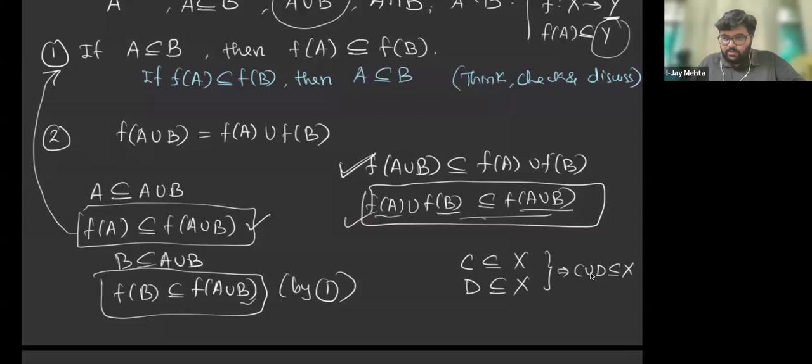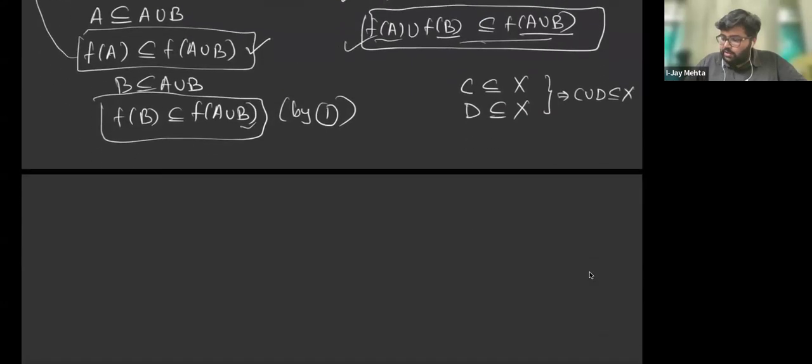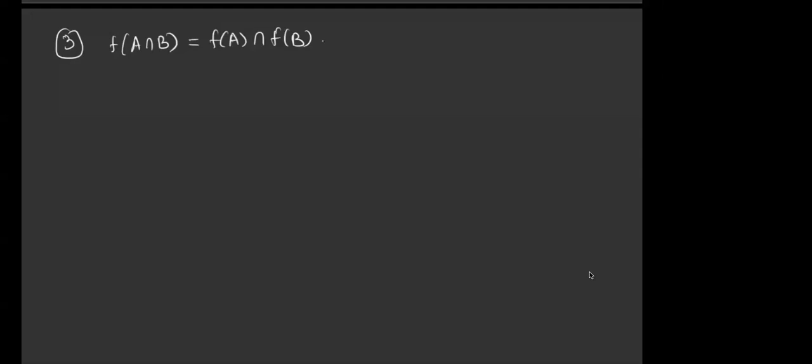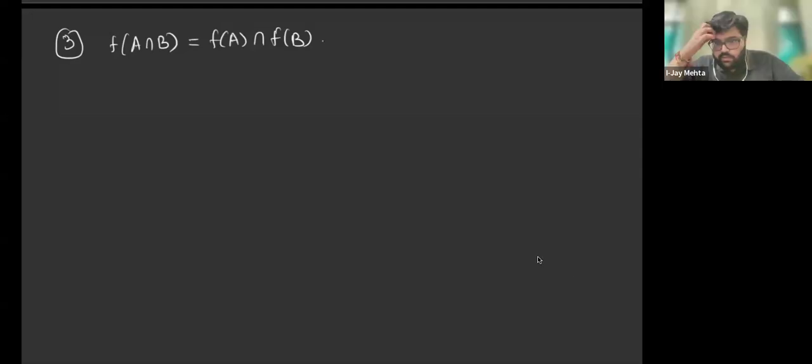Okay, good. So now about intersection, what do we have to show now? What do we want to check? Adya? Yeah, so for intersection, we need to show that F of A intersection B is equal to the intersection of F of A and F of B. Yeah, we want to check this. Okay, thank you, Adya. How do we check this?